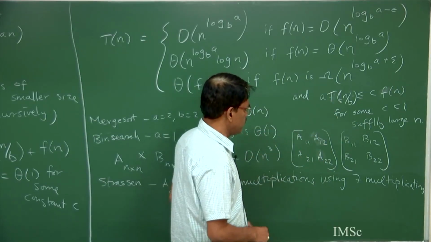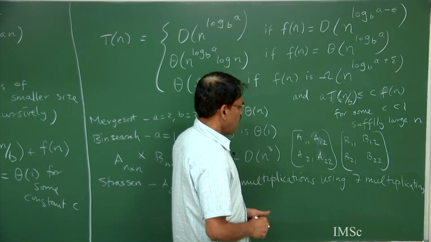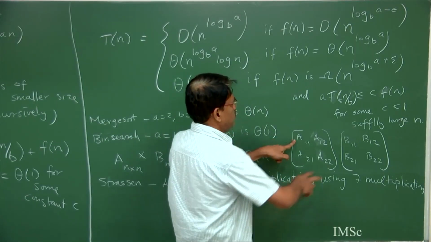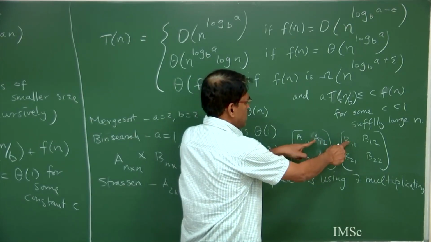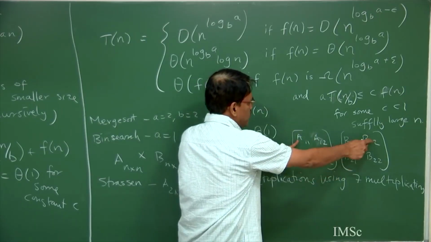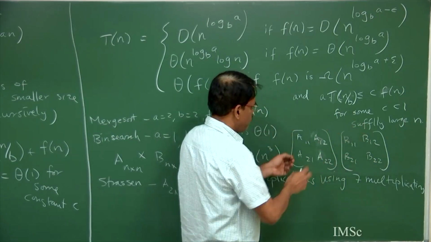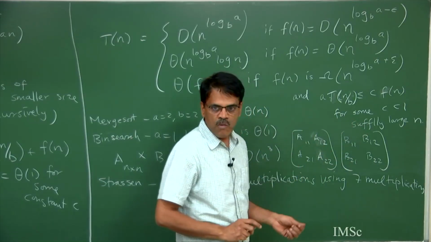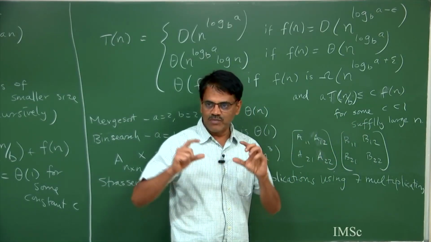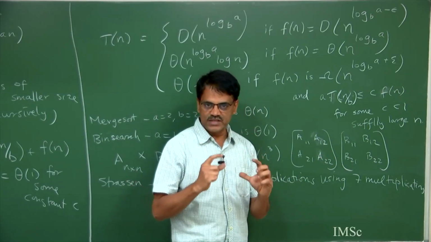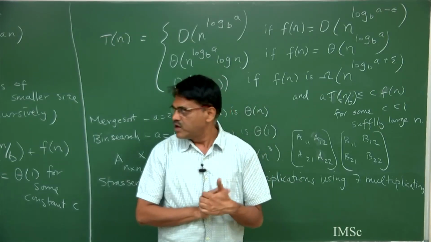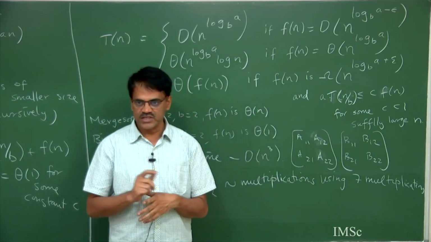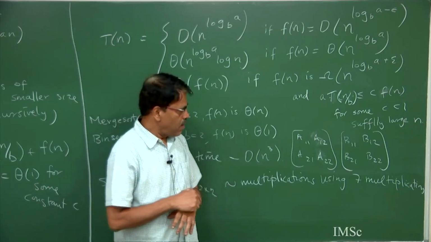So the whole thing will give you 8 multiplications. A11 into this, A12 into this, and then A11 into this, and A12 into this. So that is like 4, and then another 4. So he came up with a way to multiply two 2 by 2 matrices using 7 multiplications instead of 8.